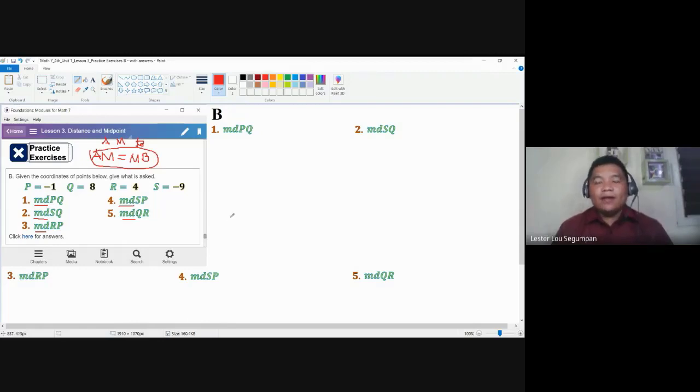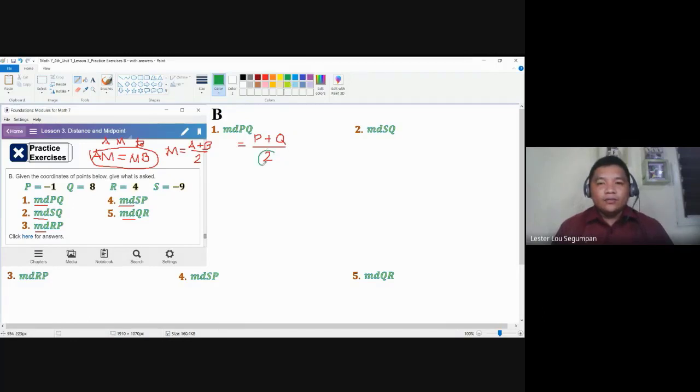We are going to talk about the formula already, which is, in this case, the midpoint is equal to the sum of the coordinates of the endpoints divided by 2. We also use the term, the average of the coordinates of the endpoints A and B. So the formula in getting the midpoint between points P and Q, or the midpoint of the line segment PQ, is simply add the coordinates of P and Q and divide by 2.